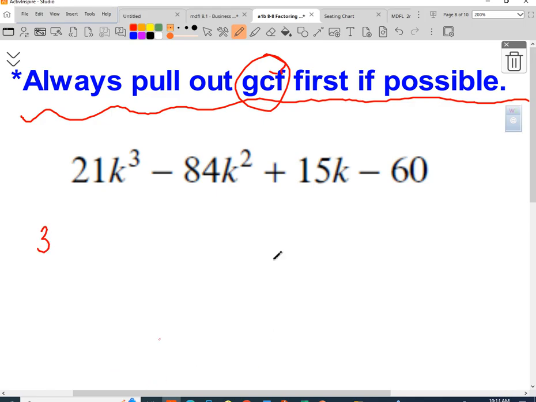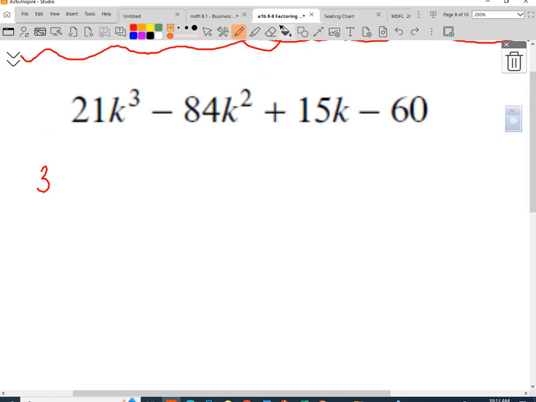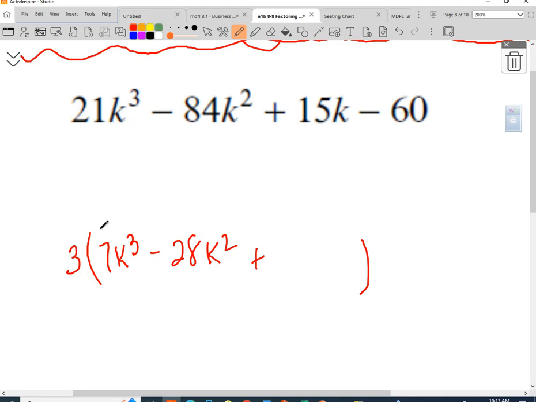So 3 has to be part of our answer. So 3 times 7k cubed, 28k squared, 3 times 5k, and 3 times negative 20.